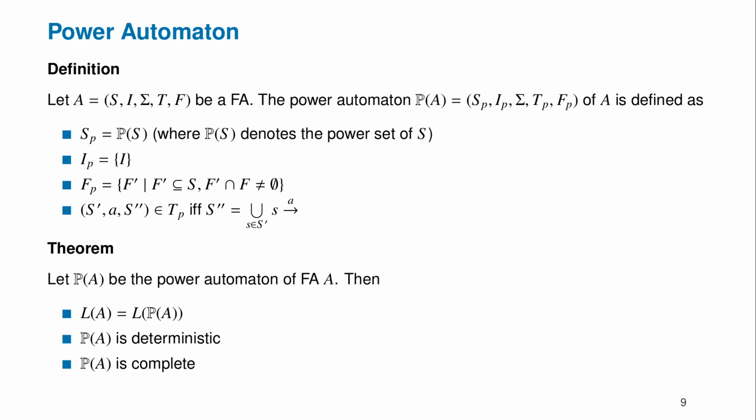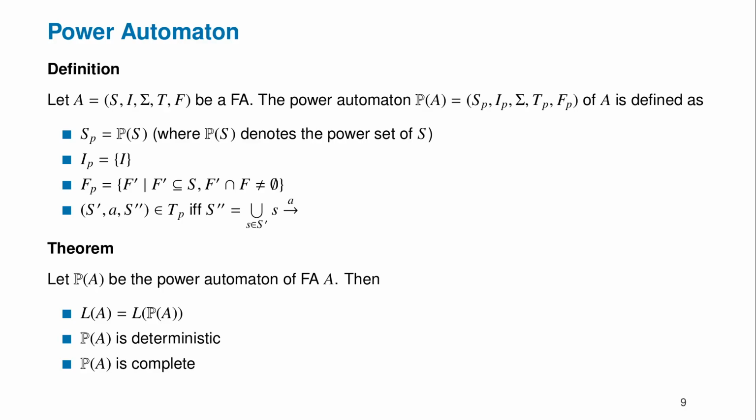So we construct an automaton which has a different set of states and hence different initial and final states, a different transition relation, but it has the same alphabet as the original automaton. And now let's have a look how the other components are defined.